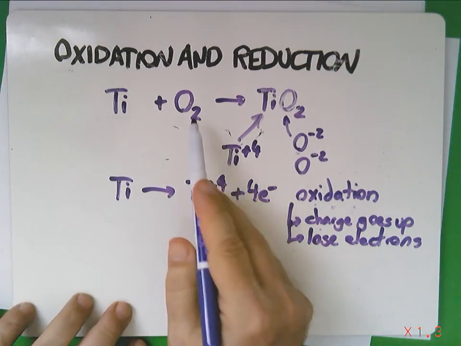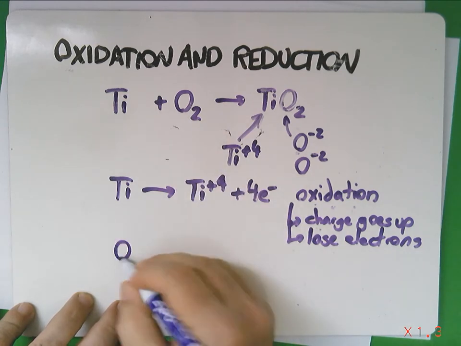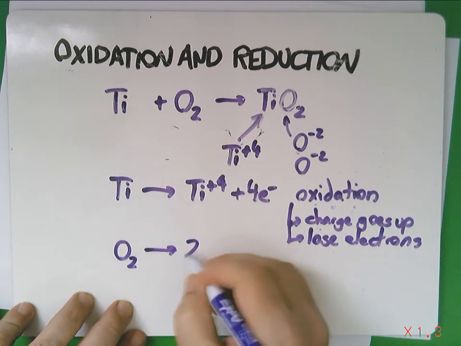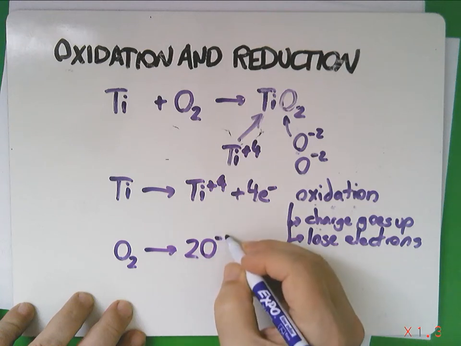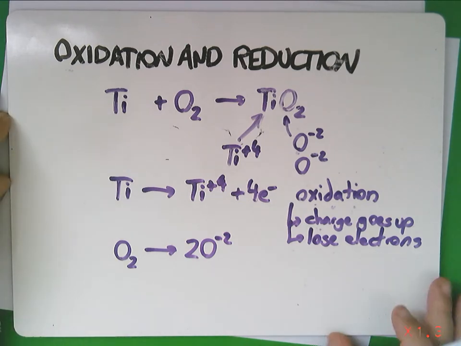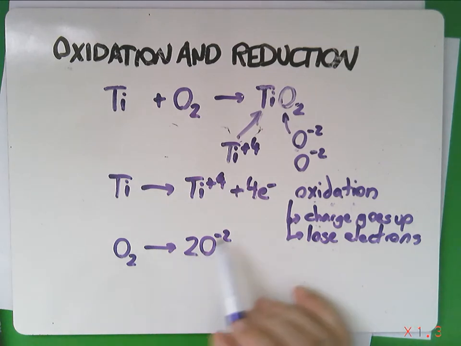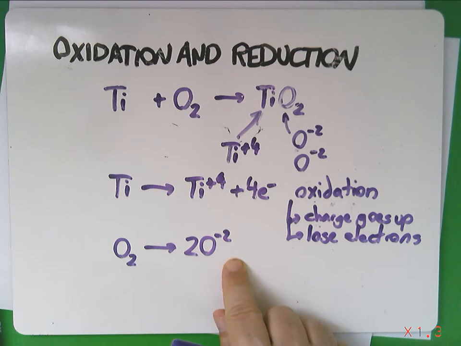Now let's do the other half of the reaction that involves the oxygen. The oxygen is going to turn into 2 oxide ions. That's what these O-2 ions are called, oxide ions. We'll learn to name them later. Now this isn't charge balanced either, is it? Because here I have 2 -2 charges for a total of -4 on this side of the equation.